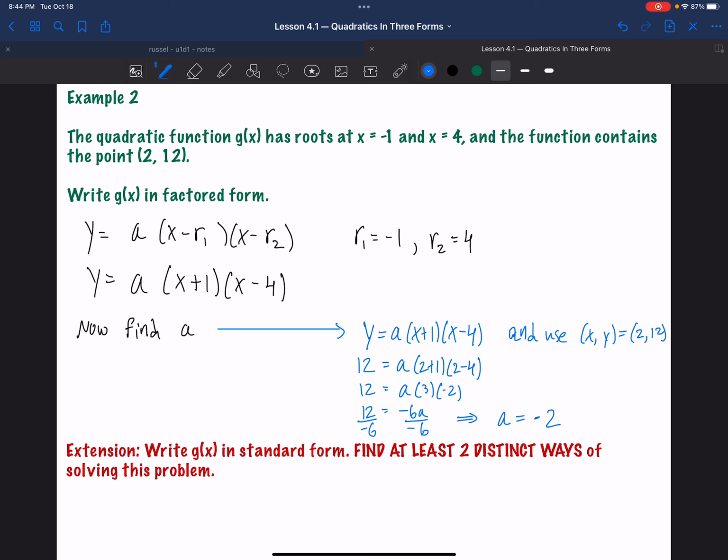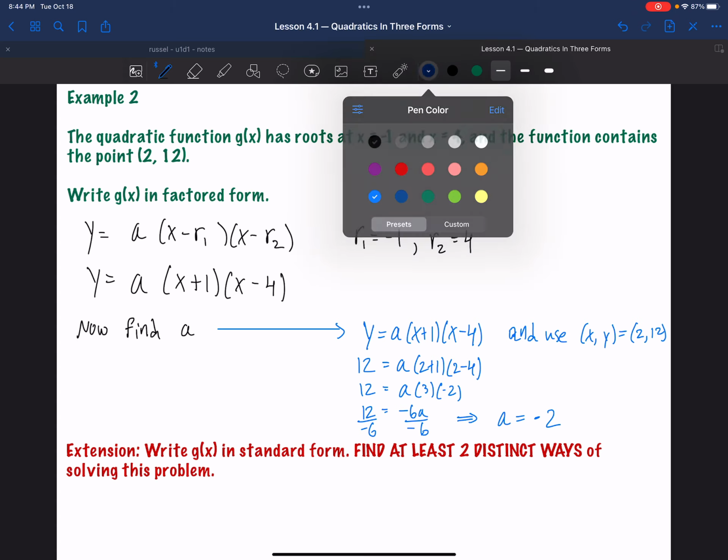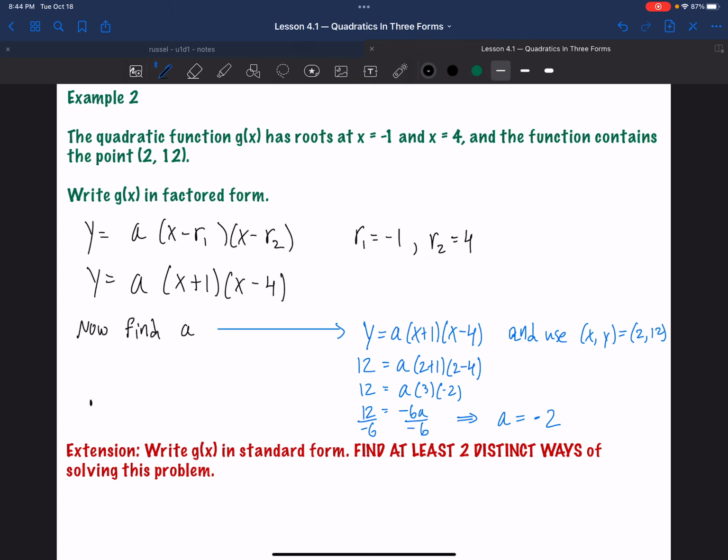And so now, my final answer, right? Therefore, y equals a is -2 times x plus 1 times x minus 4. And we're done. Wasn't that so simple?